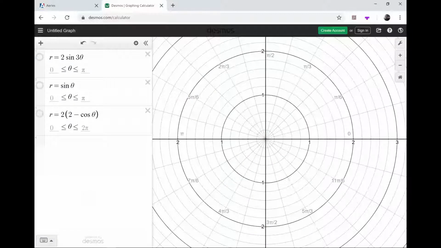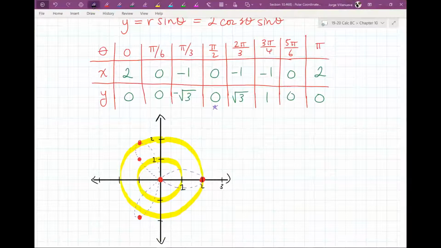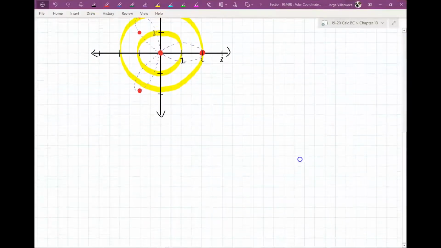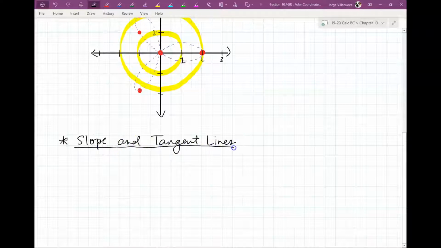So, definition really quick. Okay, so let's do a definition. So this is theorem 911, but we won't title it. We'll just put slope and tangent lines. And this is what we're going to kind of focus on for the next 2 examples.